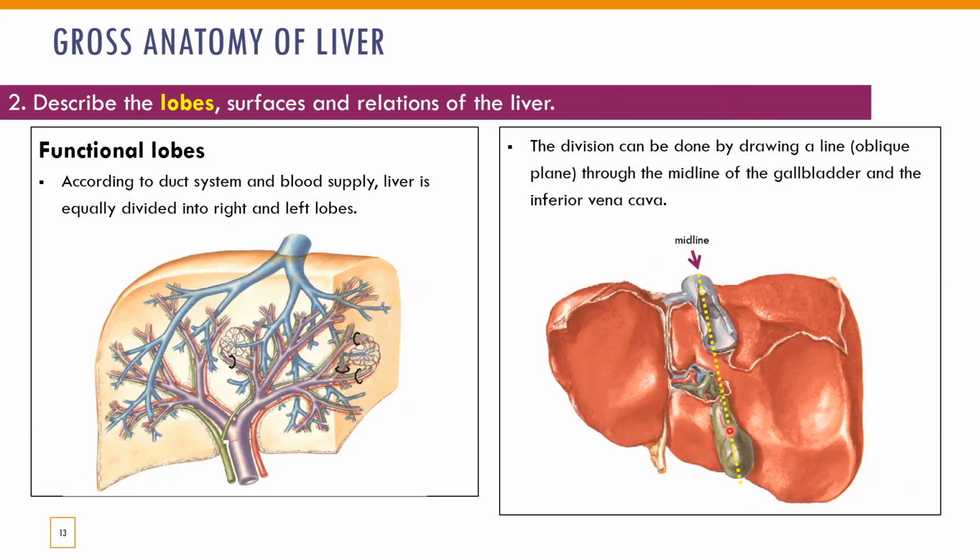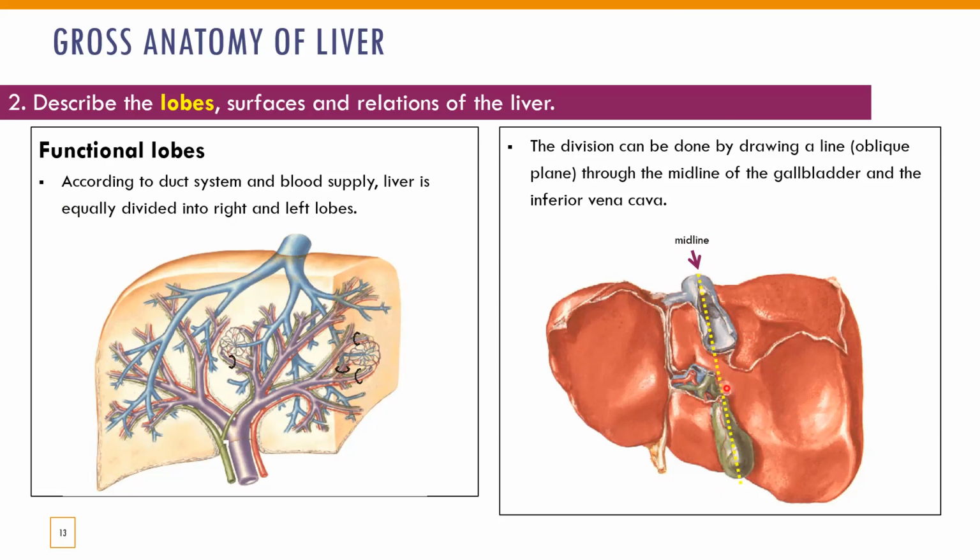So this is the right lobe of the liver based on functional lobes, and this is the left lobe. It's divided by this oblique plane that passes through the gallbladder and the inferior vena cava.